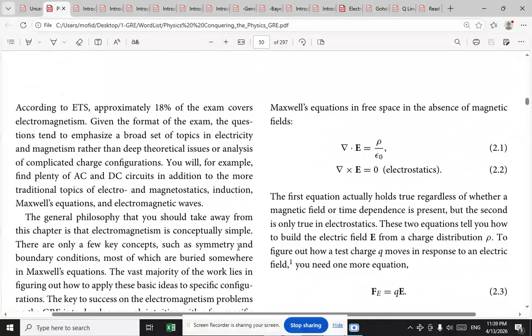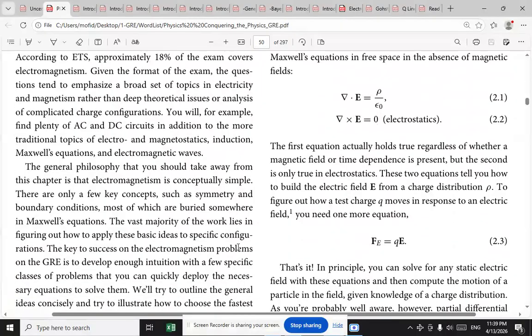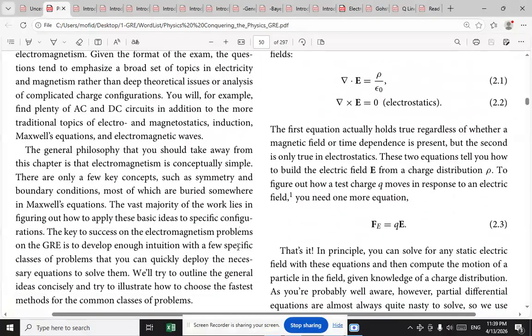These two equations tell you how to build the electric field E from the charge distribution rho. To figure out how a test charge Q moves in response to an electric field, you need one more equation: F is equal to QE. That's it.